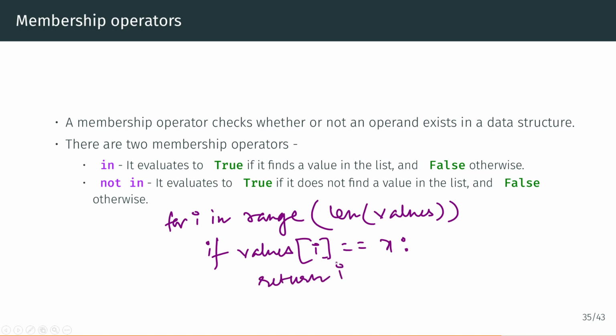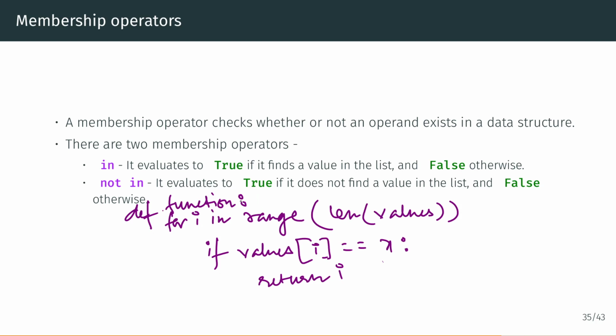i. So if you had to write a function that takes as arguments a list and a value, and all you have to say is at what index that value exists, this would be your function. Let's say def function, and you return i.